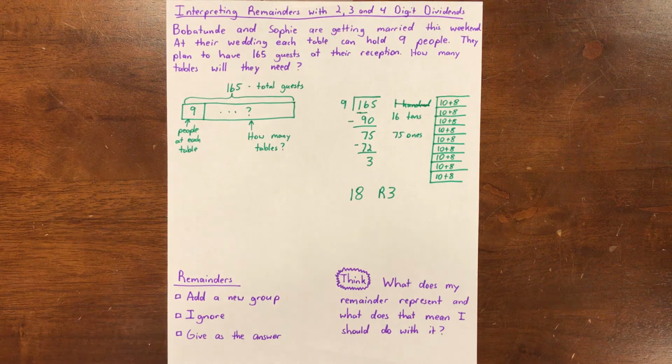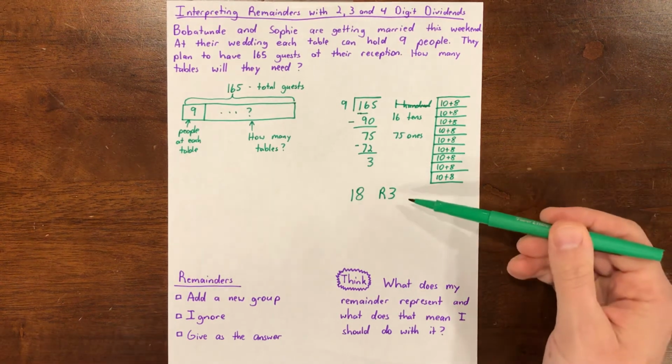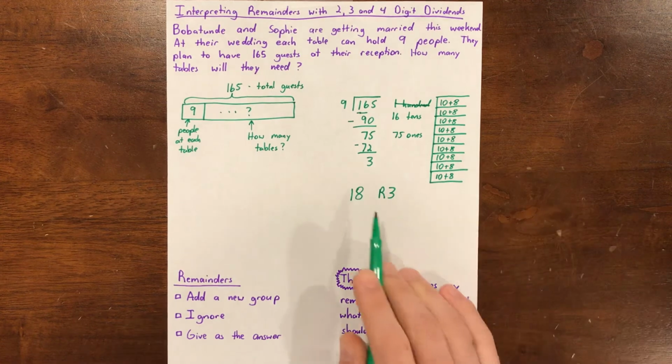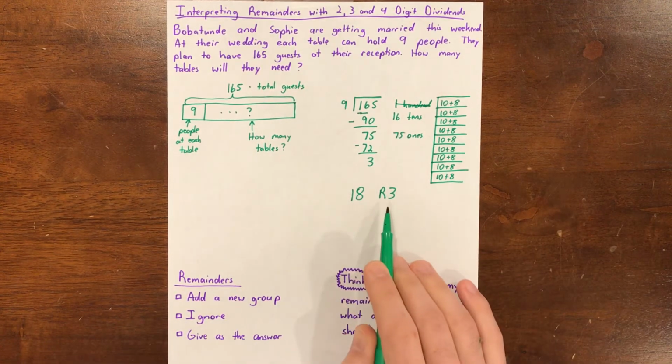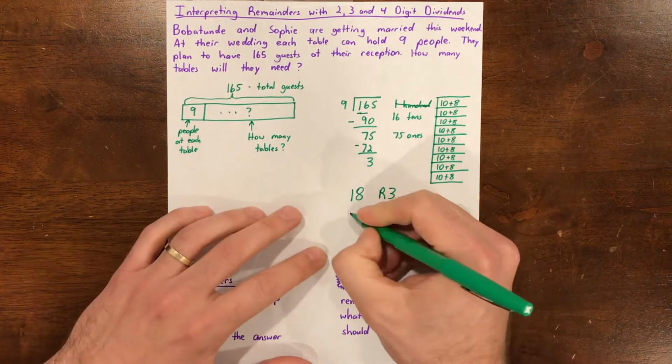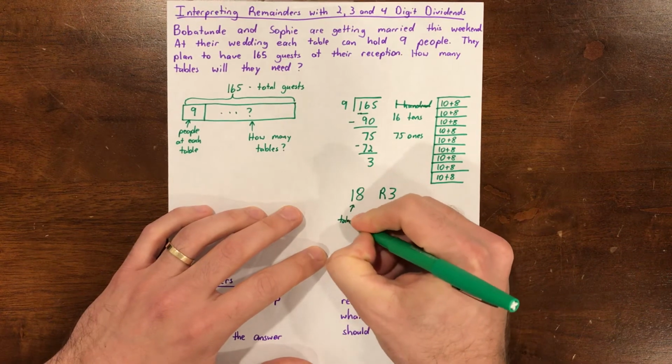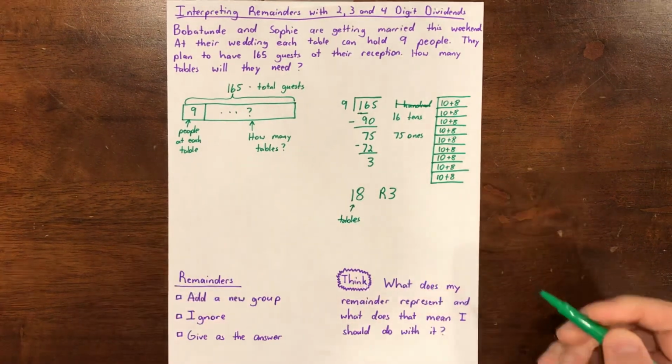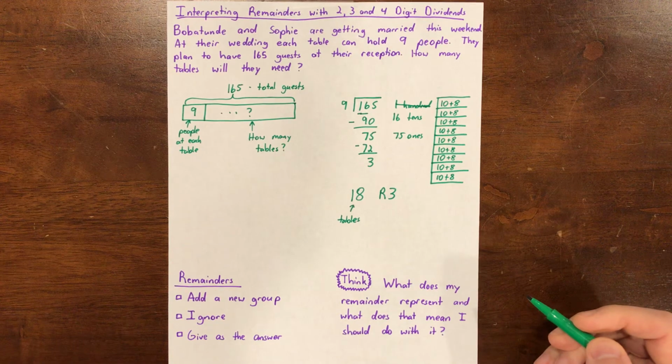Okay, so let's think about the answer that we got here to our story problem. What do the 18 and the remainder 3 represent? Say it out loud. Right, the 18, that's the number of tables, right, with 9 people each that they need.